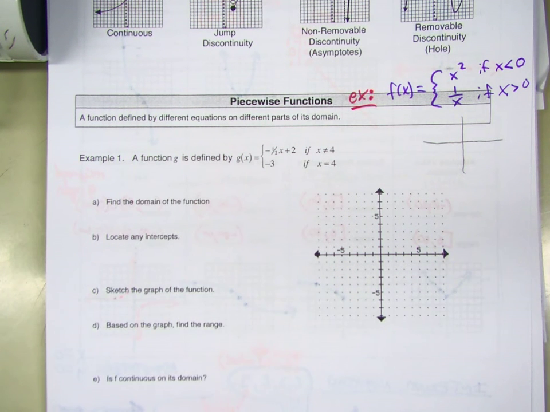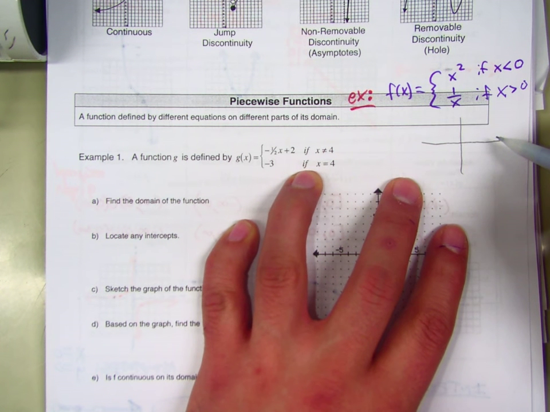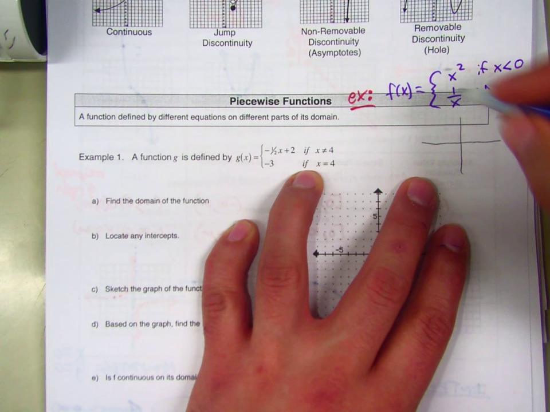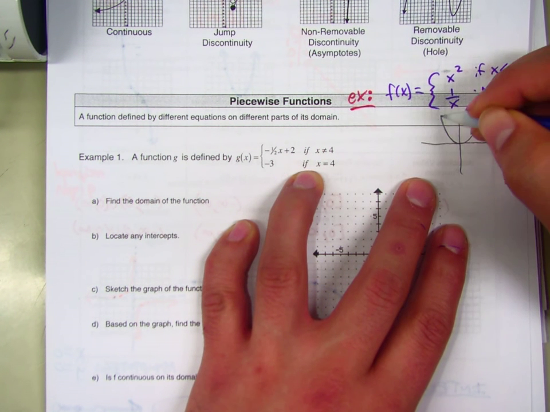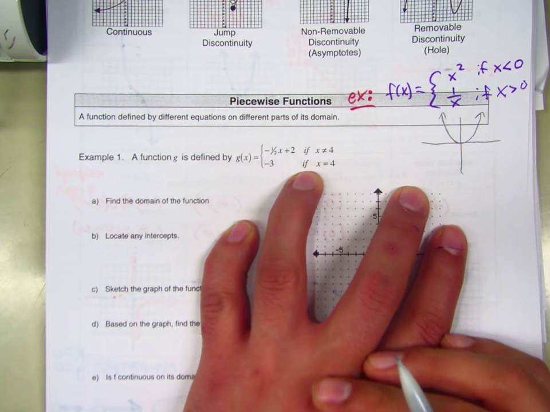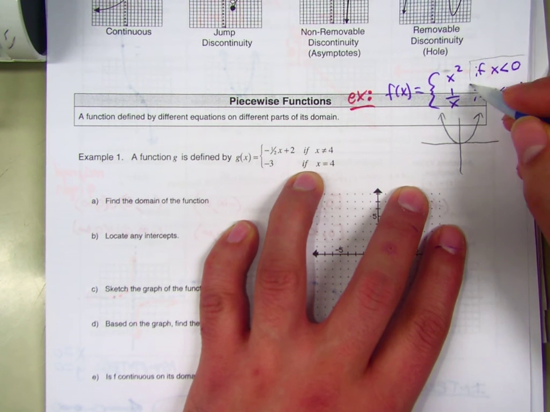Okay? What does x squared look like? That's the parabola, right? So here's x squared. This is just a sketch. Okay? What is this over here saying?